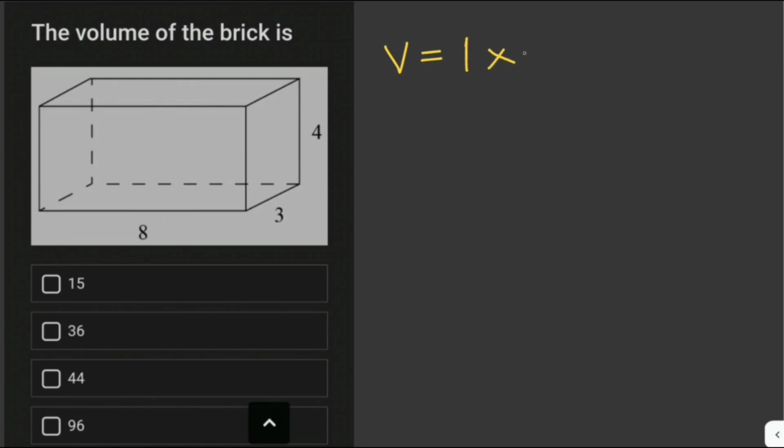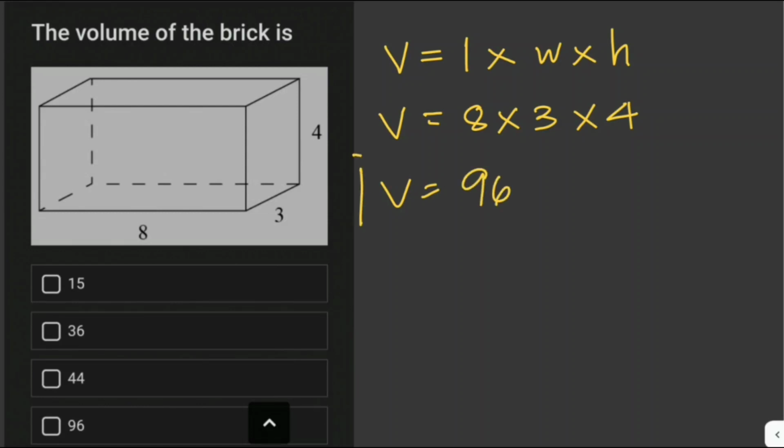So that would be length times width times height. So we're given here 8, 3, and 4, so we just have to multiply them. Therefore, the volume is equal to 96. So this is our answer here.